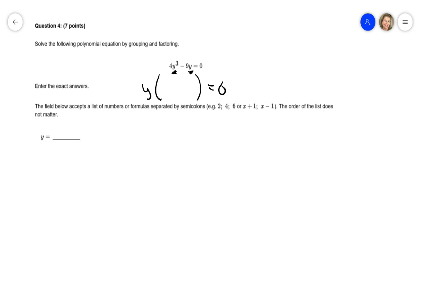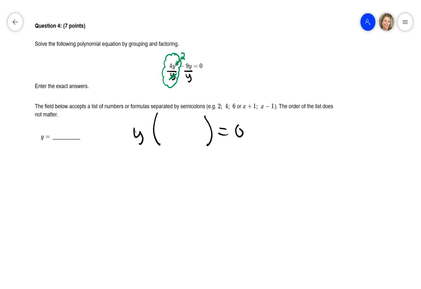And when you factor it out, you're actually dividing it out. It's like you're taking 4y cubed and dividing by y, and taking 9y and dividing by y. And this is too close here. I'm going to rewrite it down here. So when I pull out that y, and I take the 4y cubed and divide it by y, this y cancels out one of these y's and leaves you with a y squared.